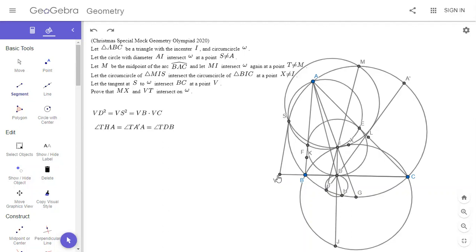I'm just trying to think. Feels like it should be obvious. We can make use of the fact that.